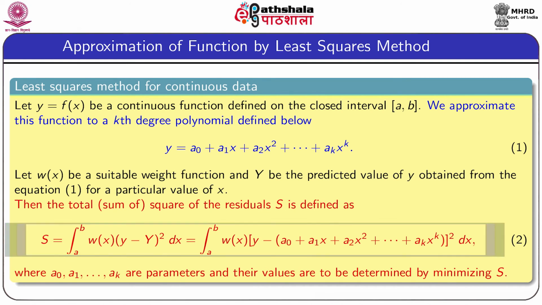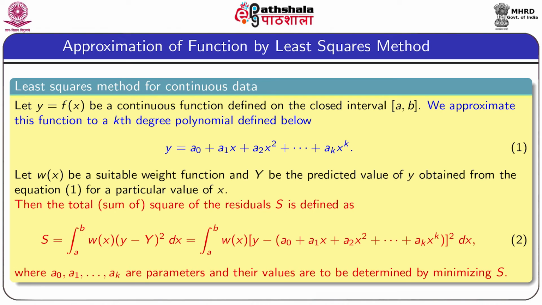After substituting the value of capital Y, this integration becomes integration from a to b of w(x) into (y minus (a0 plus a1x plus a2x square plus ... plus akx to the power k)) whole square dx. Here a0, a1 up to ak are the parameters and their values are to be determined by minimizing the total error S.